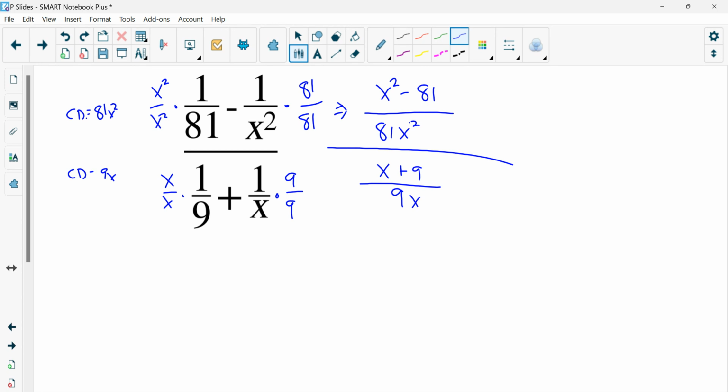All right, now we're doing our keep, change, flip. x squared minus 81 over 81x squared times, flip this, 9x over x plus 9. What do I have to do to that numerator of the first fraction?